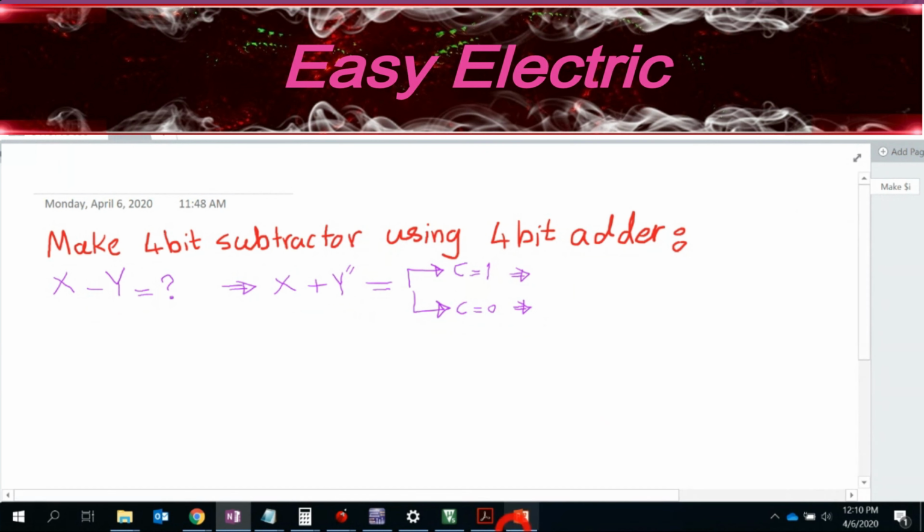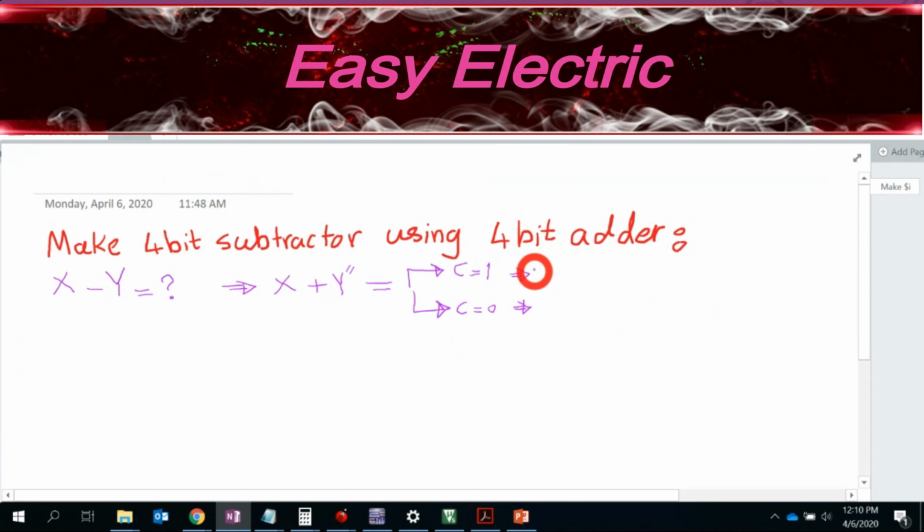You could type in the chat box. Whenever the carry is 1, what do we do?